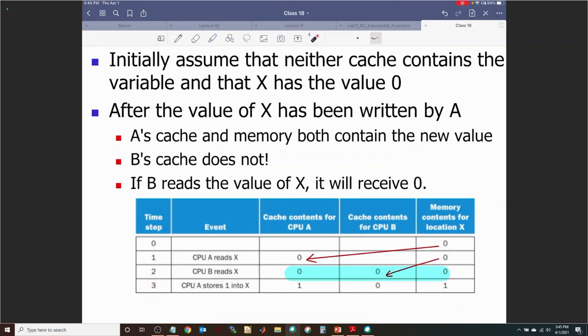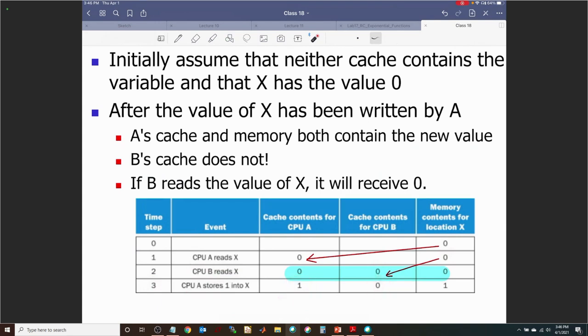Time step 3, CPU A stores a 1 into X. So CPU A is writing a 1 into that memory location X. So it is only changing its own private cache. If it changes only the private cache, contents in CPU A are now going to be 1. Private cache of B is not changed.